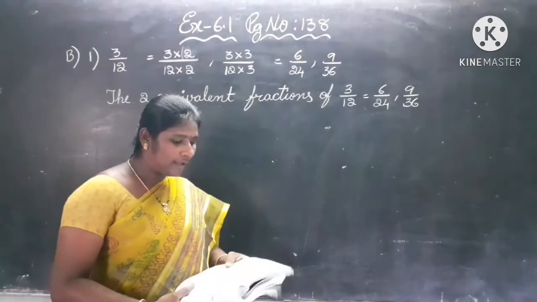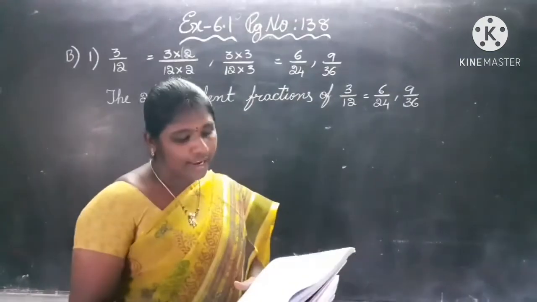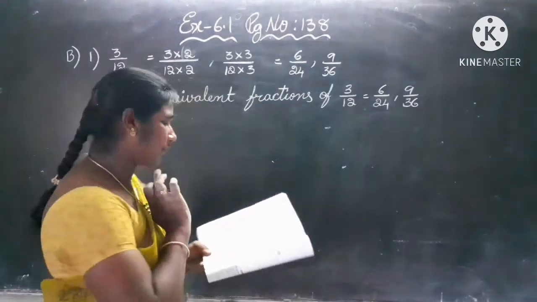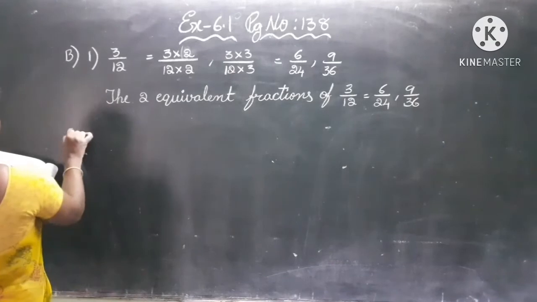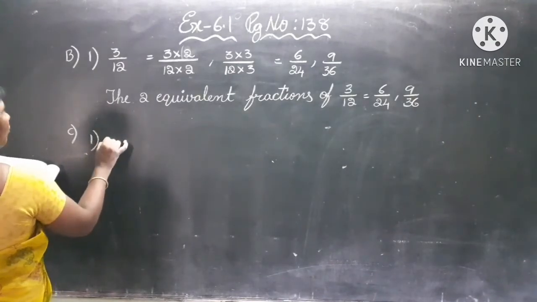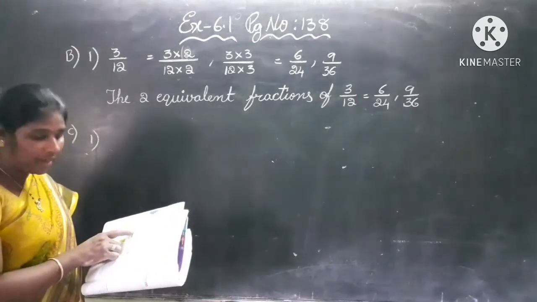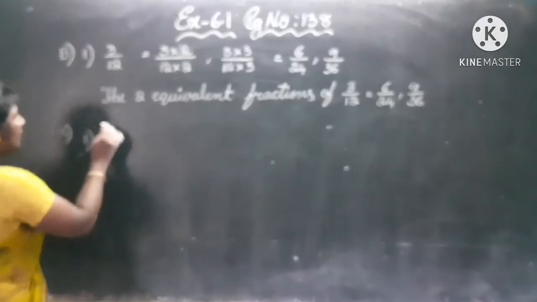Next, C Roman. Find the equivalent fractions of 3 by 5 with the denominator 20. First one, we want denominator 20. What is the fraction here? Fraction is 3 by 5.